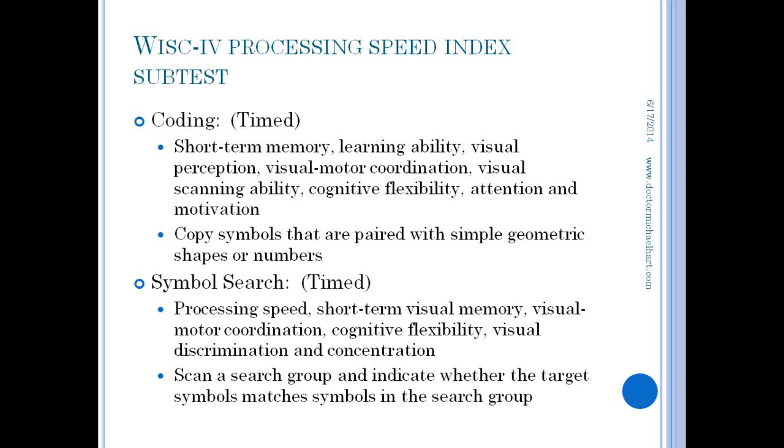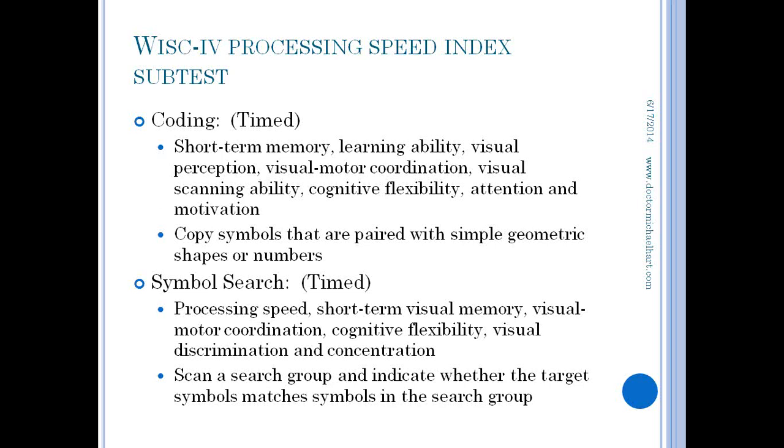But for this first test called coding, the child essentially is copying symbols by hand, requiring fine motor skill, that are paired with a simple geometric shape or number. So there's a requirement where they have to move their eyes from one key down to their workspace where they have to copy these symbols.